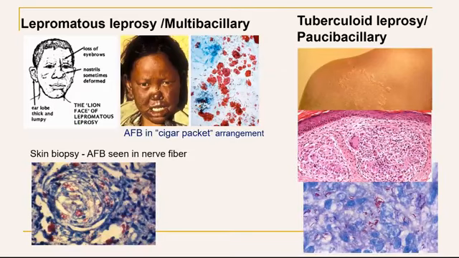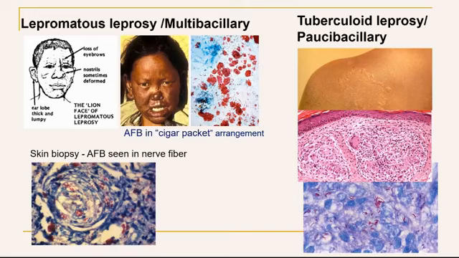Lepromatous leprosy is also known as multibacillary leprosy. As I said, loss of eyebrow and deformity of the face. The AFB will be abundant in the tissue, and they will appear in a cigar packet type arrangement, and there will be numerous AFB. Also in the skin biopsy, you'll be able to see AFB in the nerve fibers.